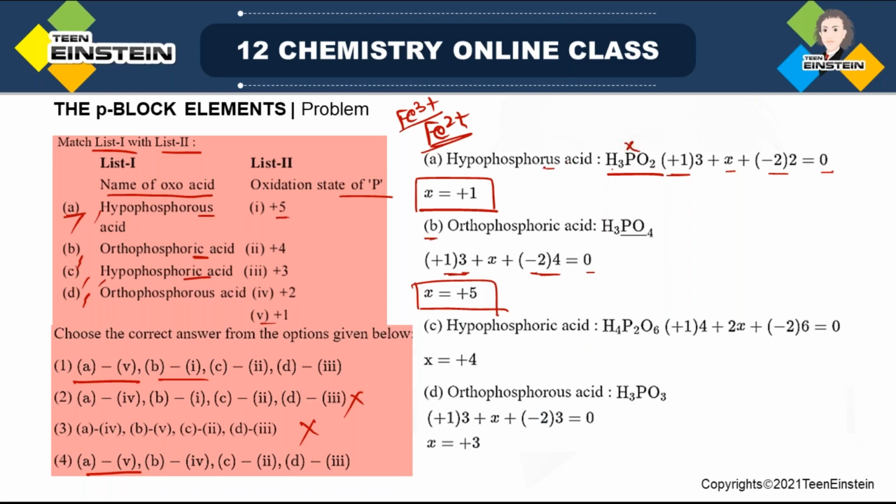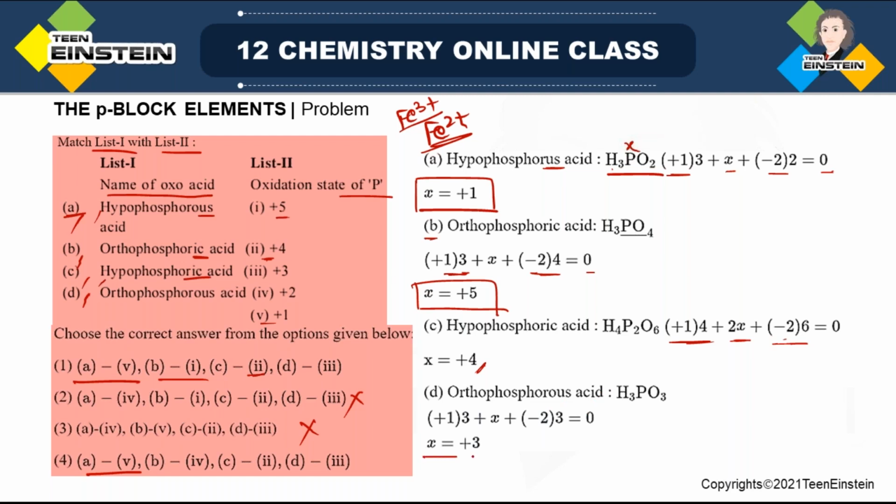Hypophosphoric acid. Since hypophosphorus is plus 1, this must be greater than that. So now it is plus 4. Similar calculations we have done: 4 hydrogen, 2 phosphorus, so it is 2 into X, and 6 oxygen. It is plus 4. That means C is related to 2, so C related to 2 is option 1.